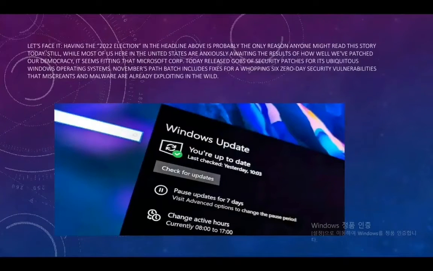November's Patch Tuesday includes fixes for a whopping six zero-day security vulnerabilities that miscreants and malware are already exploiting in the wild.